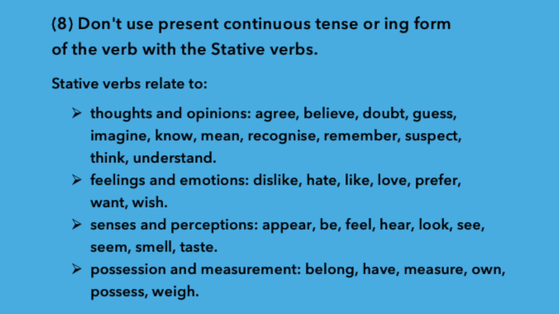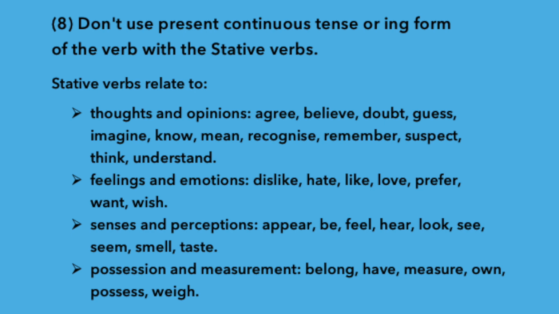For example, agree, believe, doubt, guess, imagine, know, mean, recognize, remember, suspect, think, understand. We are not using the ing form of these verbs. We don't say I am agreeing, I am believing, he is doubting, they are imagining, they are recognizing, etc.